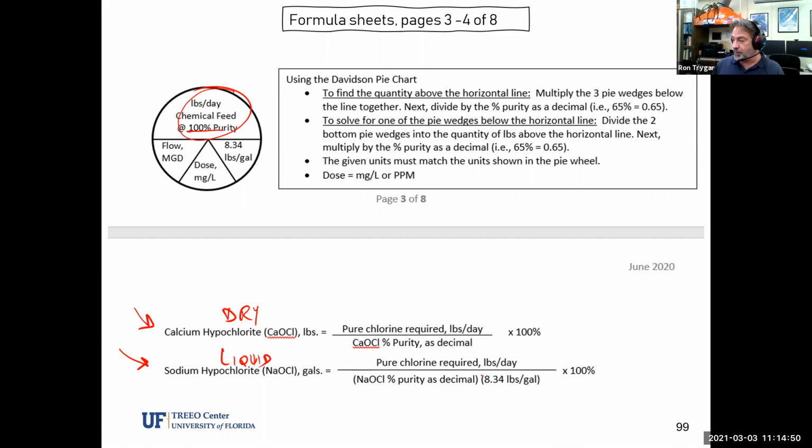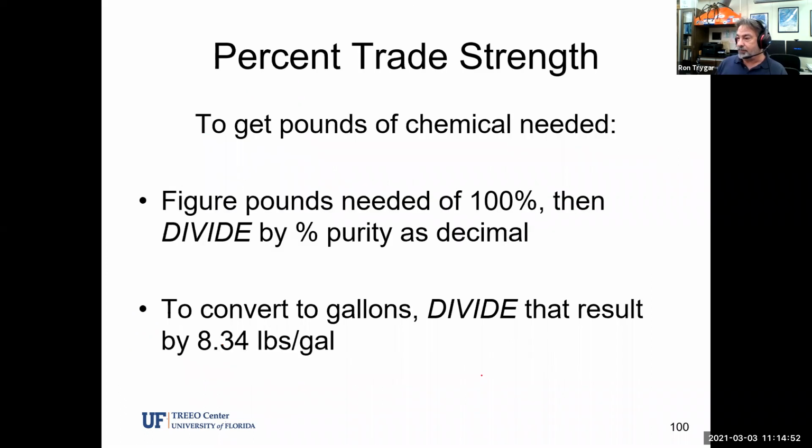Okay, let's go ahead and work this out. Percent trade strength is what we're talking about. To get the pounds of the chemical needed, they're going to tell you, or you're going to see on the label, a percent strength. So how do you get that into a decimal equivalent? Let's say they told us it was 65% available chlorine. We do a division. We divide 65 by 100, and it gives us a number that looks something like this on our calculator.